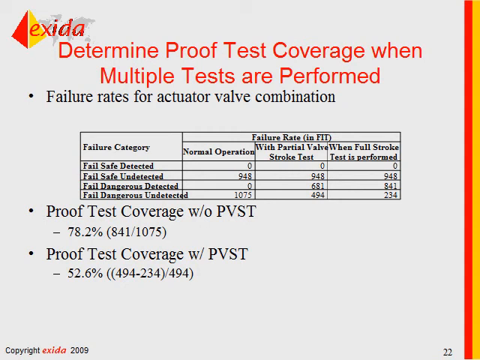So basically we compare the normal operation failure rate column to the full stroke test performed column, and we see that 841 failures or FITs representing certain failures will be classified as detected, or this is stuff that I can detect when I perform a full stroke test, of the total 1,075 FITs of that particular actuator valve combination. So from that I can calculate that I have a 78.2% proof test coverage.